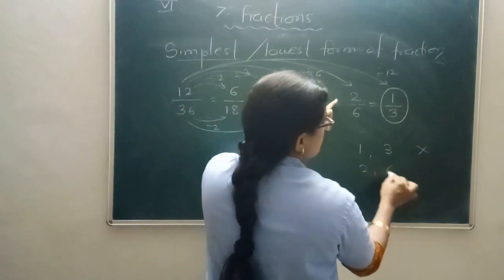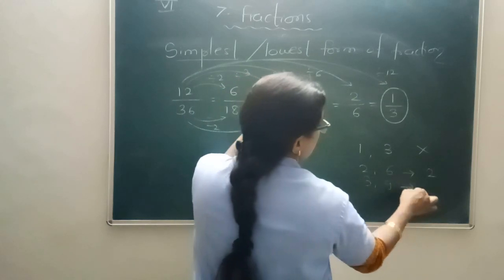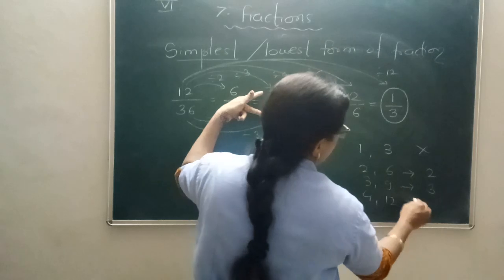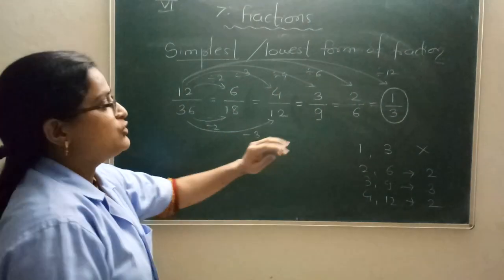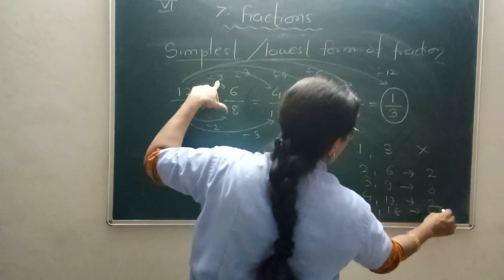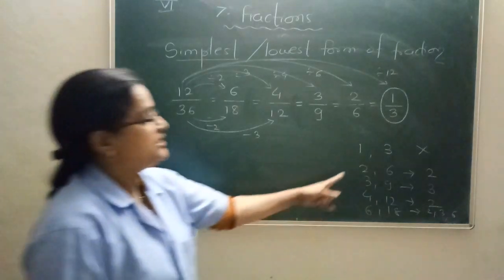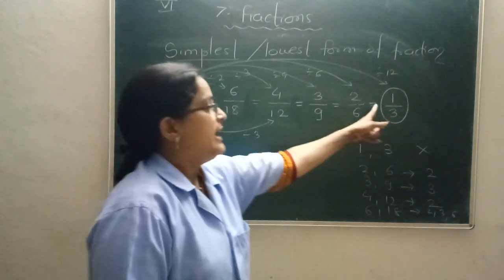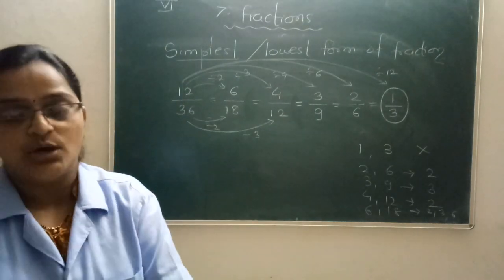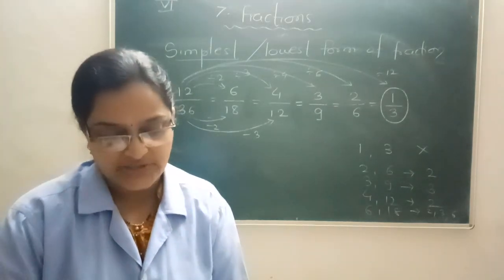Here 2 and 6, if you see, 2 is the common factor of them. 3 and 9, 3 is the common factor of them. 4 and 12, 2 and 4 are the common factors of them. 6 and 18, 2, 3, 6 are the common factors of them. But here no factor is common, and such a form of the fraction is known as the lowest or the simplest form of the fraction. Is that clear?